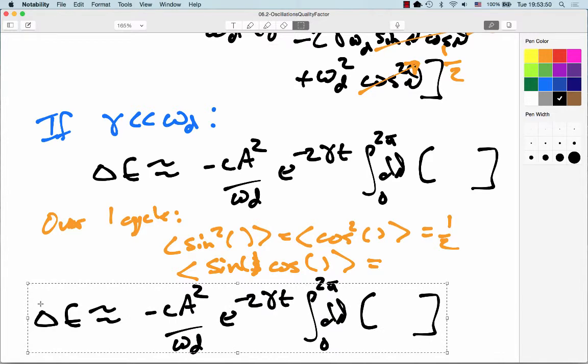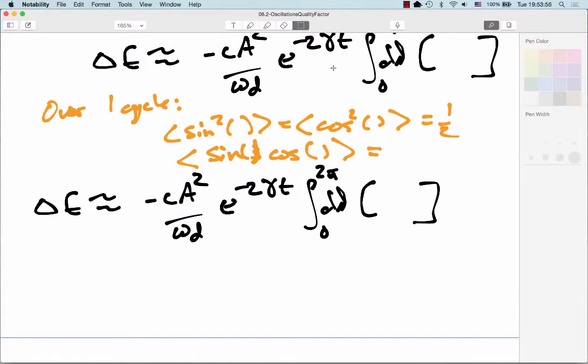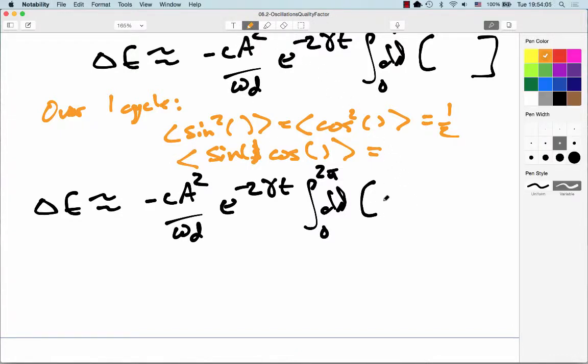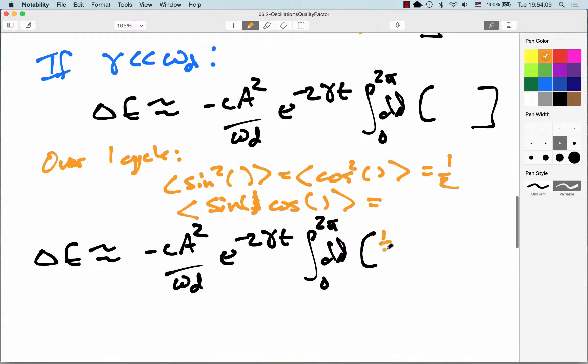So now when I'm doing the integral, it'll be of 1/2 times gamma squared plus omega d squared.